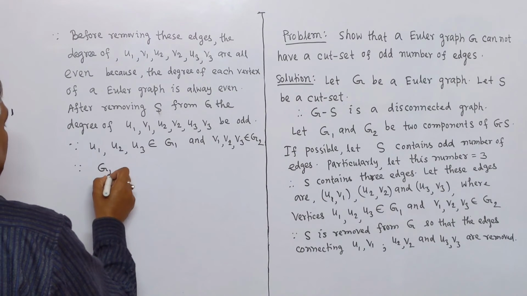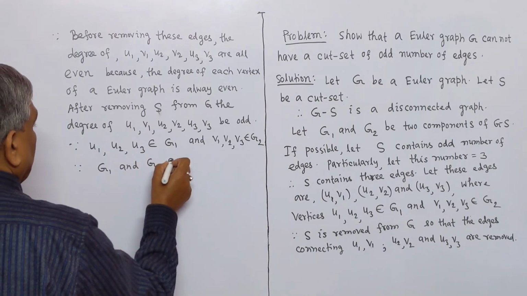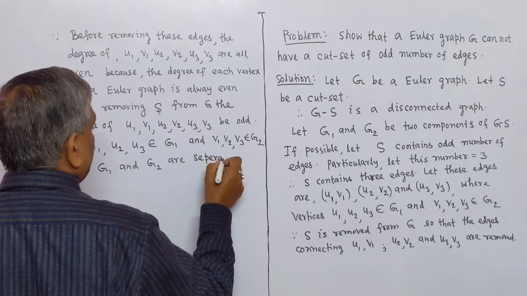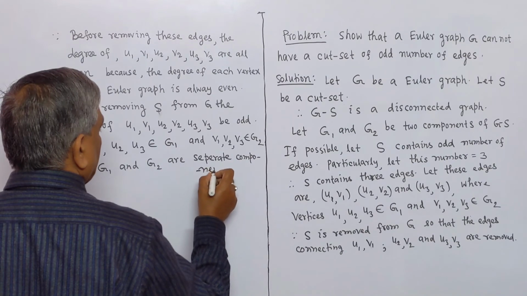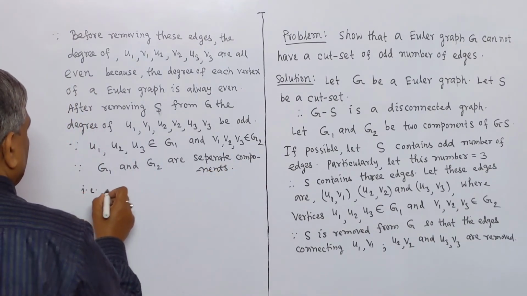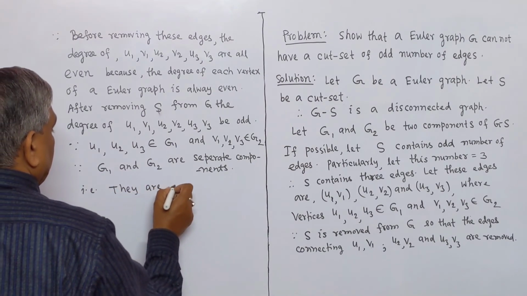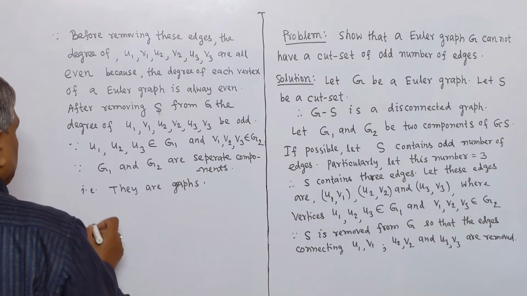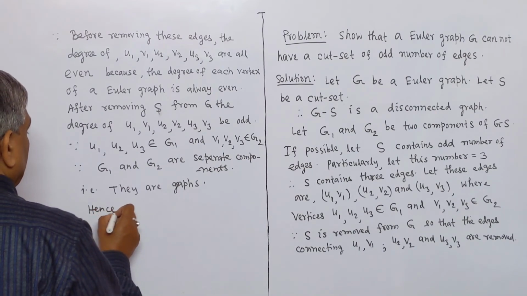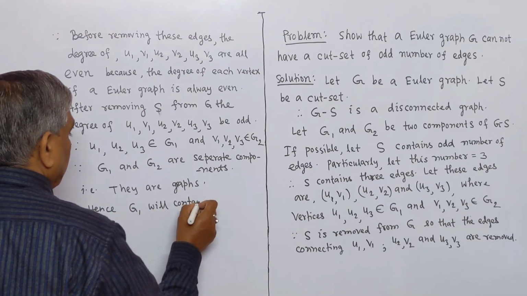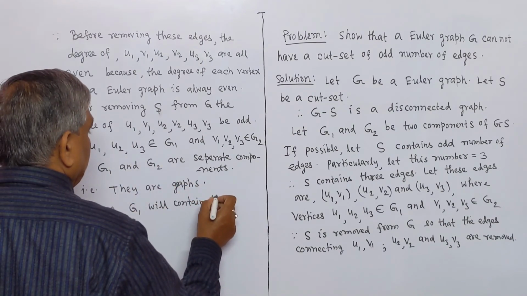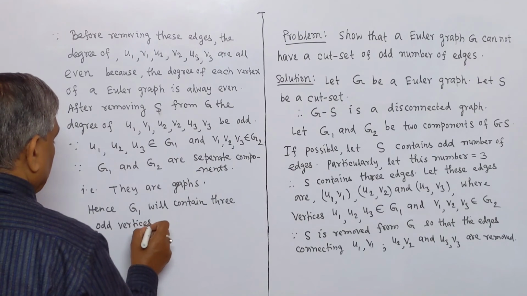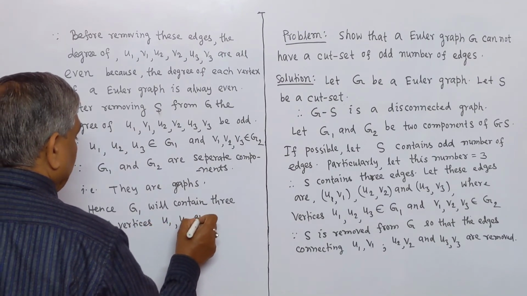Since G1 and G2 are separate components, that is, they are separate graphs, hence G1 will contain three odd vertices U1, U2 and U3.